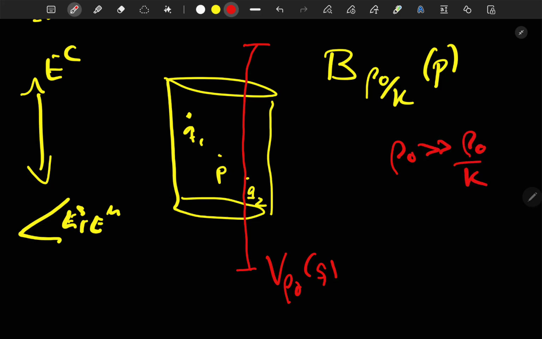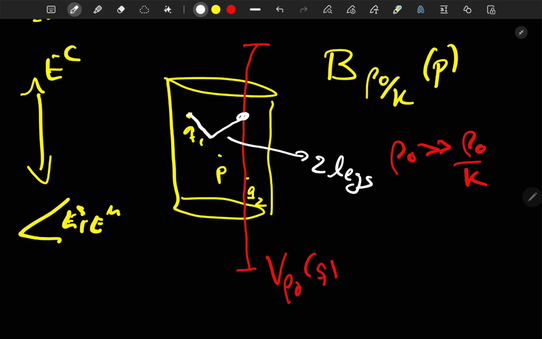So this red line crosses, and the lemma says that you can join Q1 to this red line using only two legs. This is for any Q1 and Q2 on the ball.